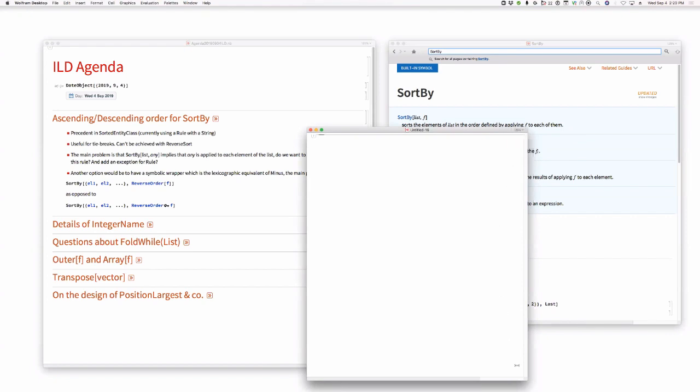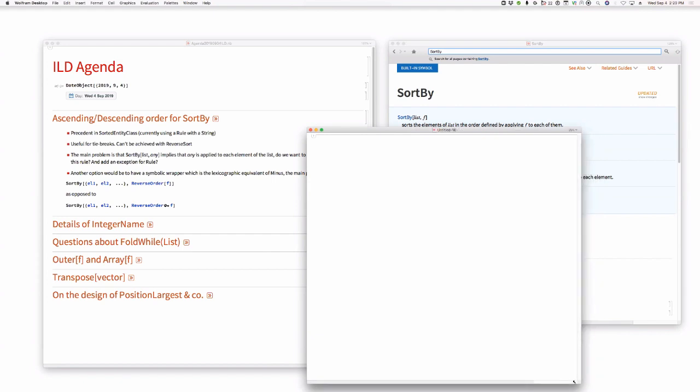I didn't understand that comment. I mean, to my mind, look, we have the notion of, if I say sort by this, comma, and then I say identity.